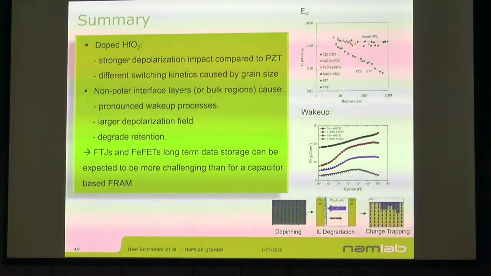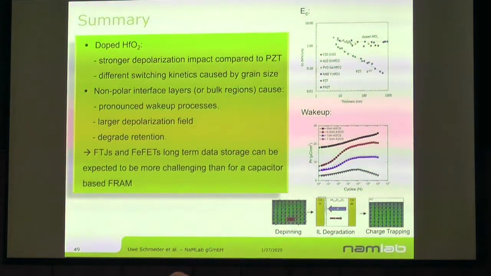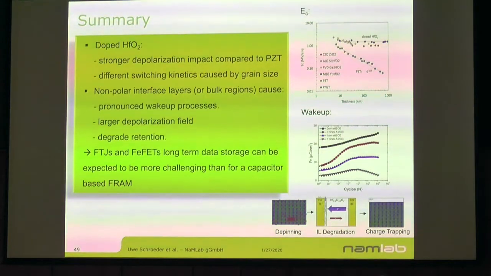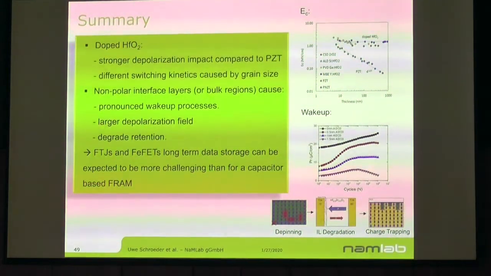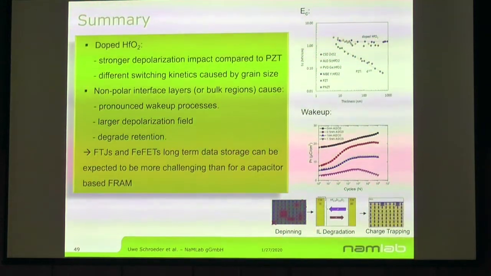Well, this was the main discussion before we looked into this depolarization field: do we have a field-induced phase change of maybe the non-polar tetragonal phase into the orthorhombic phase? This is what we thought before, and there are also some indications of field-induced effects. I saw some TEM studies coming up.